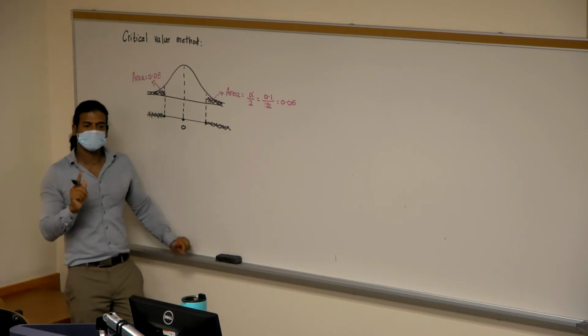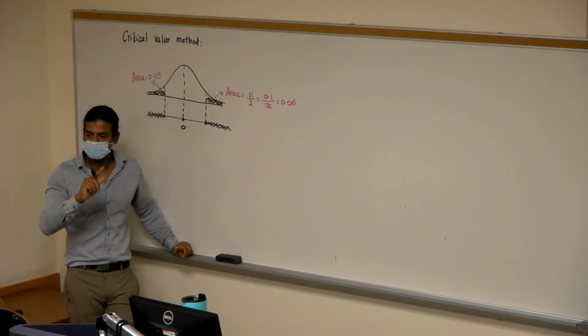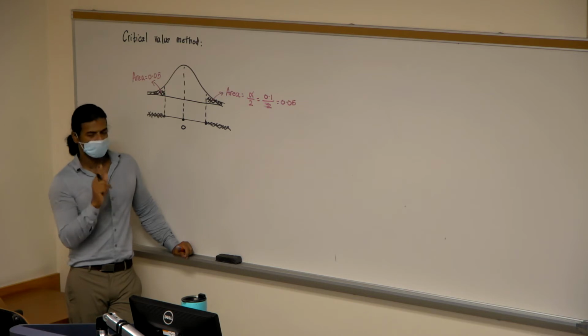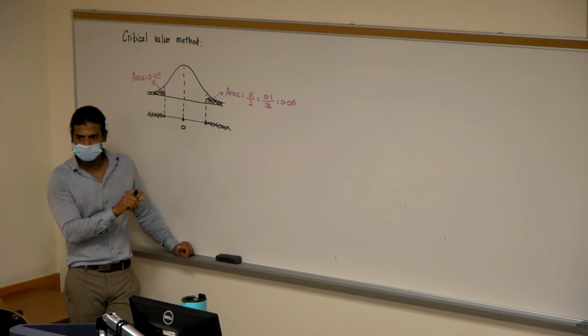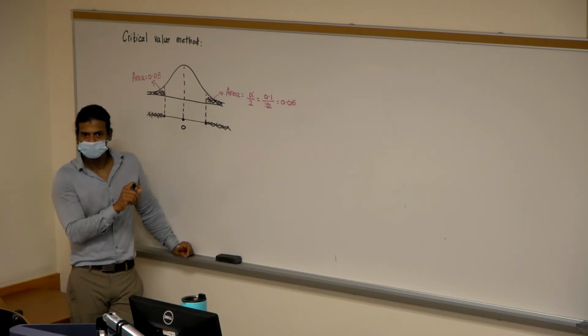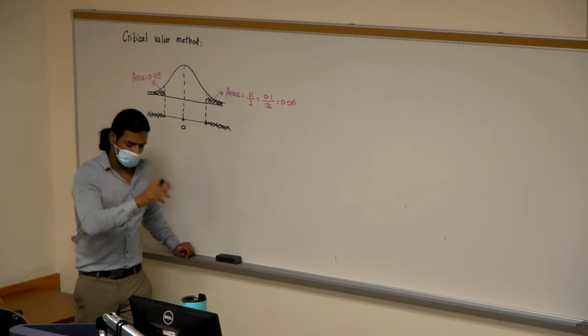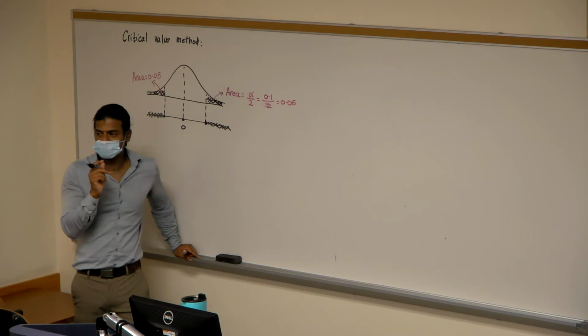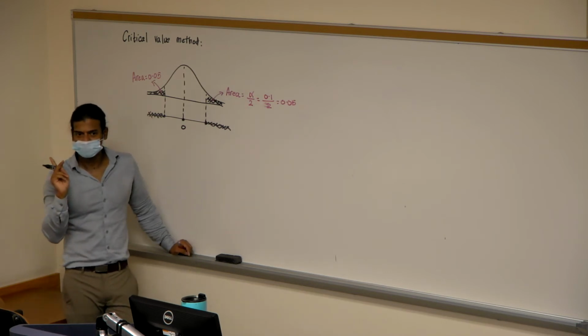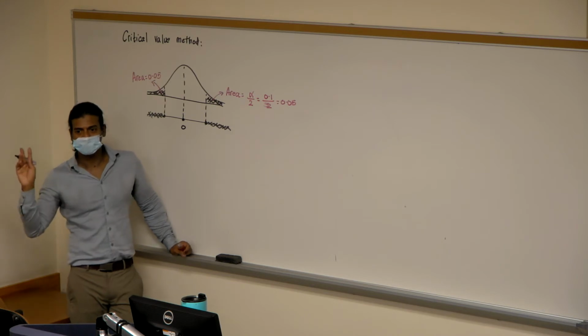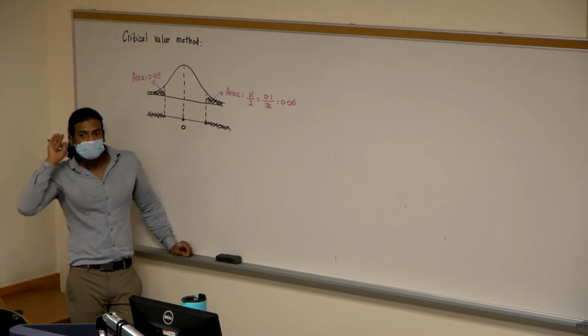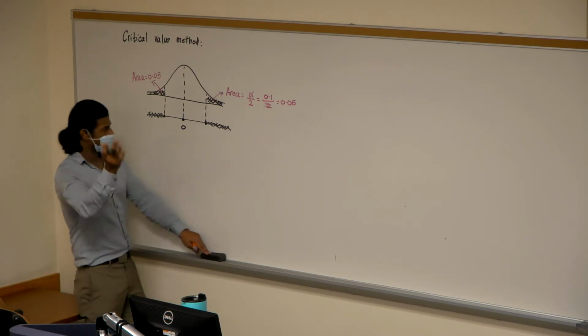We are trying to find a critical value, so we have to use what function in the calculator? Inverse t. If your calculator doesn't have inverse t, what do we do? We make use of the chart or the table.